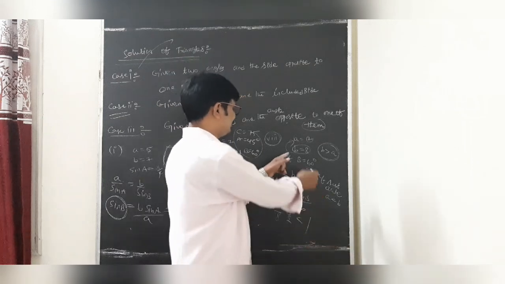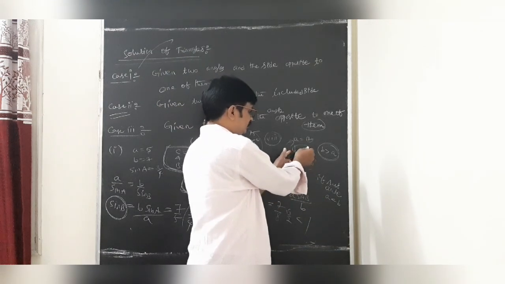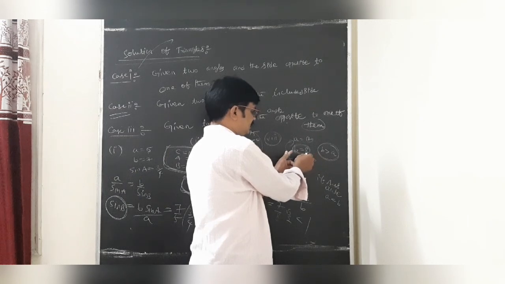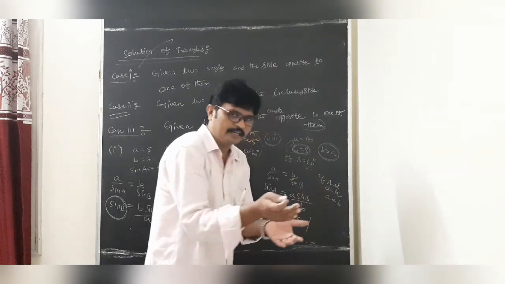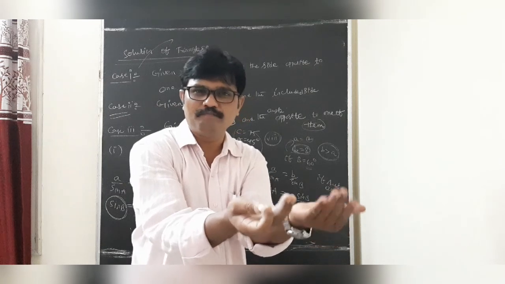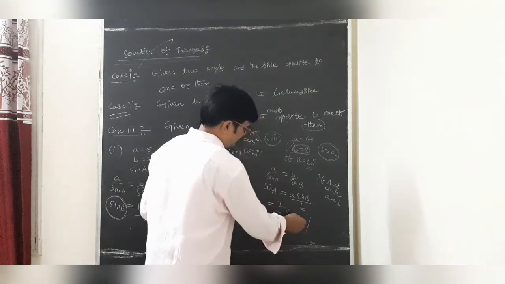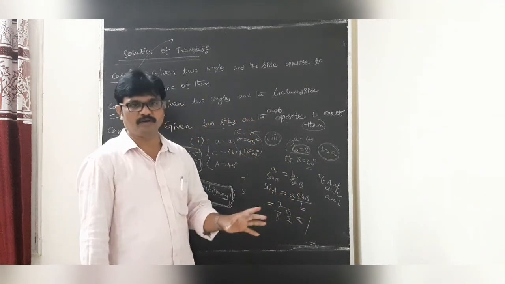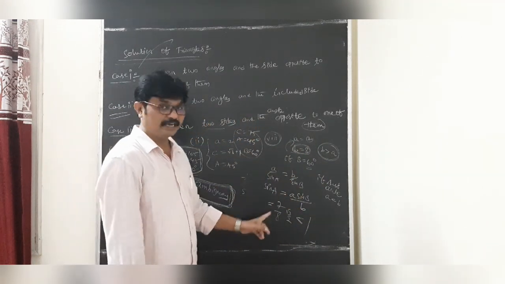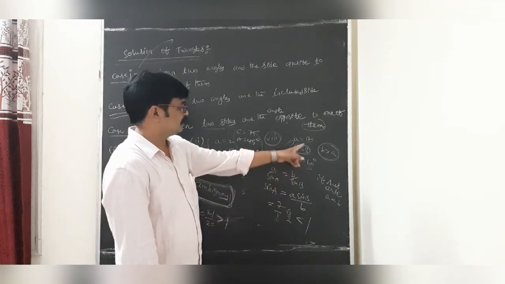Is it clear or not? When B is 8, the angle B is also 60. Undoubtedly, A will be below 60. But when we take less than 1, suppose approximately 1 by 2, undoubtedly A is either 30 or 150. Suppose A is 150, that is not possible here.